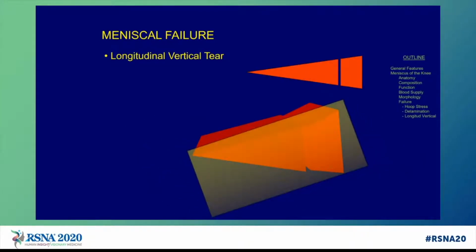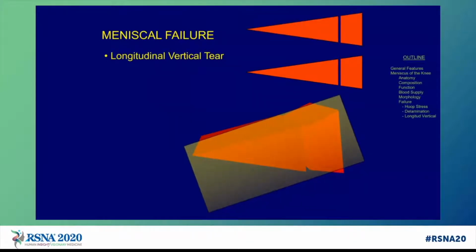If we look at this, perhaps in the sagittal plane, here is a longitudinal vertical tear, top to bottom, complete. Staying in that plane, we can see, in fact, that it looks exactly the same in a different image. Kind of boring. And by that, I mean not only is there a line top to bottom, but the distance between that line and the periphery of the meniscus remains the same, because these tears propagate parallel to those longitudinal circumferential collagen fibers.